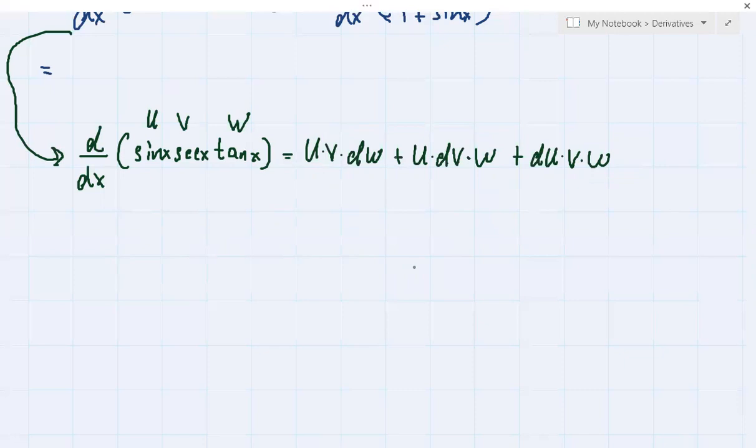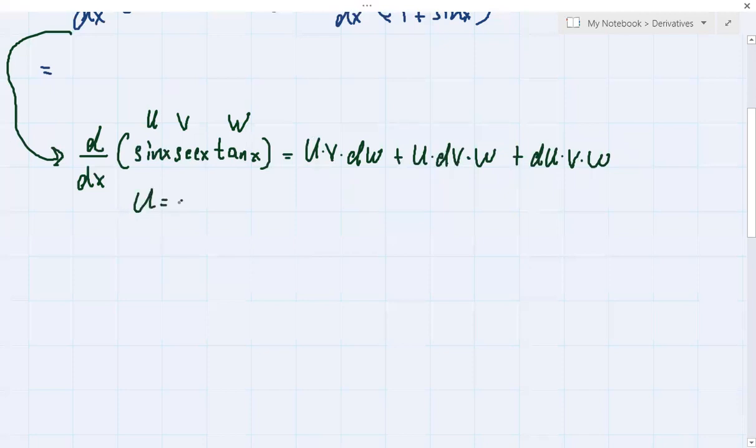Kaysa pa naman gagamit pa tayo ng UdV plus VdU. Ibig sabihin nun, kukunin mo pa yung derivative ng isang letter na may dalawang function. So, use this one if and only if you have one term na magkasama ang tatlong function altogether. They are just separated by the multiplication operation.